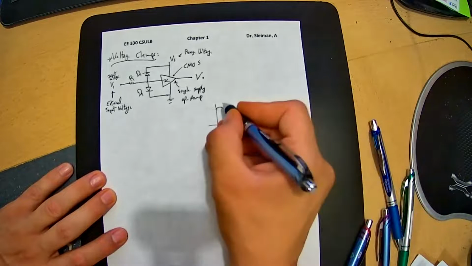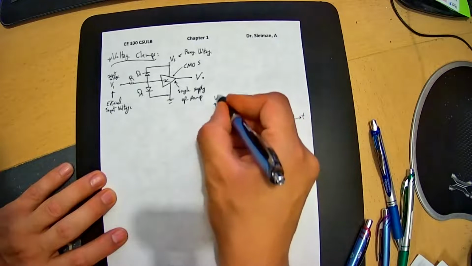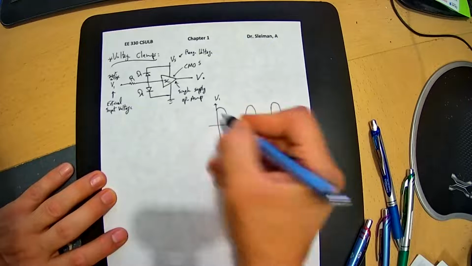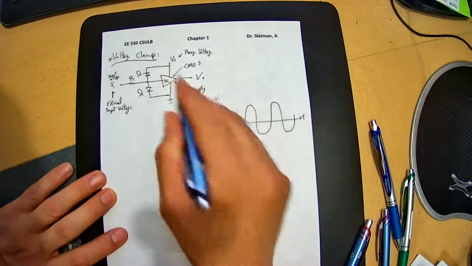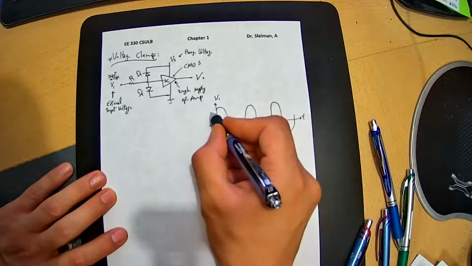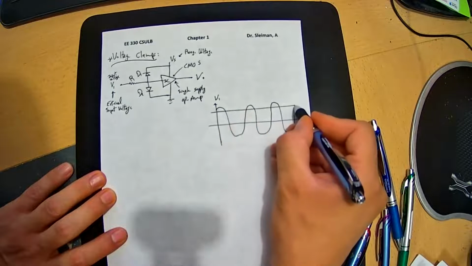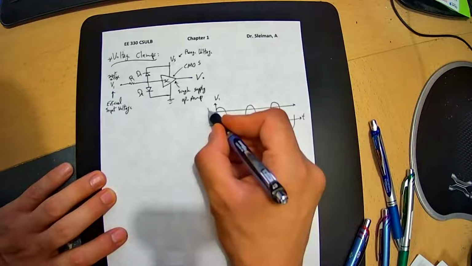Most likely, this is V1, the V1 signal. So we have Vs as the limit. For sure, it's going to be less than the maximum voltage. So most likely this is Vs.